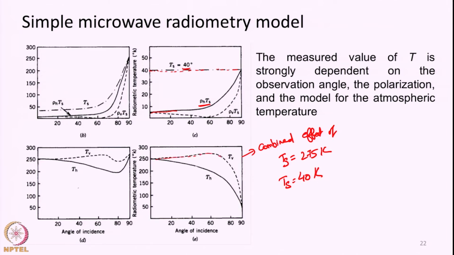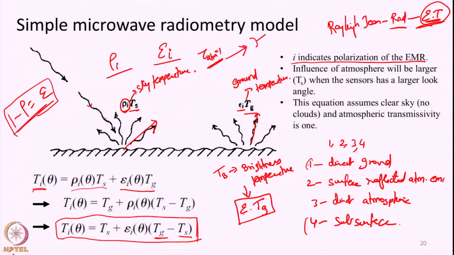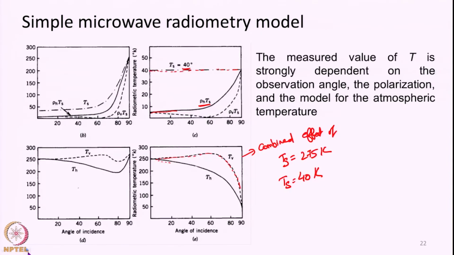This is the equation in the box: the net brightness temperature is equal to the sky temperature plus emissivity times (Tg minus Ts). This equation is the net relationship, giving the final value with the angle of incidence and the polarization.